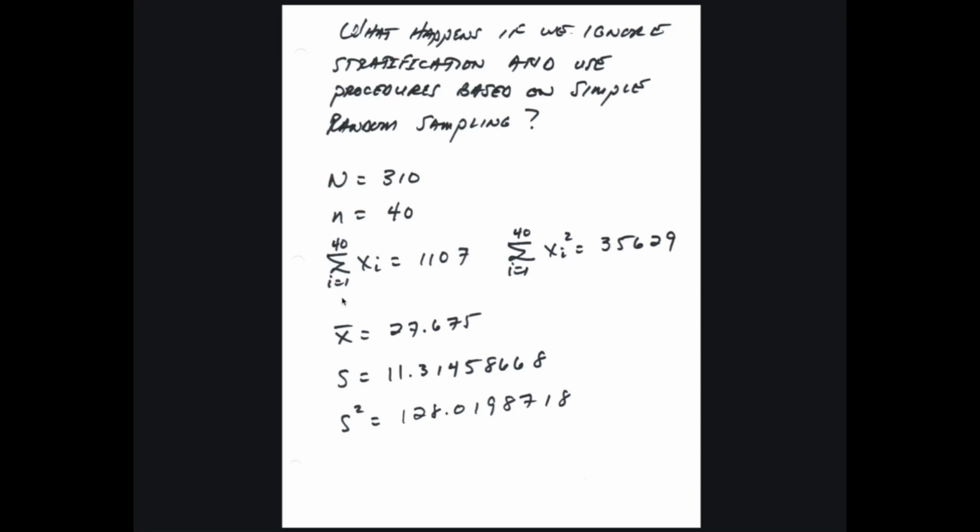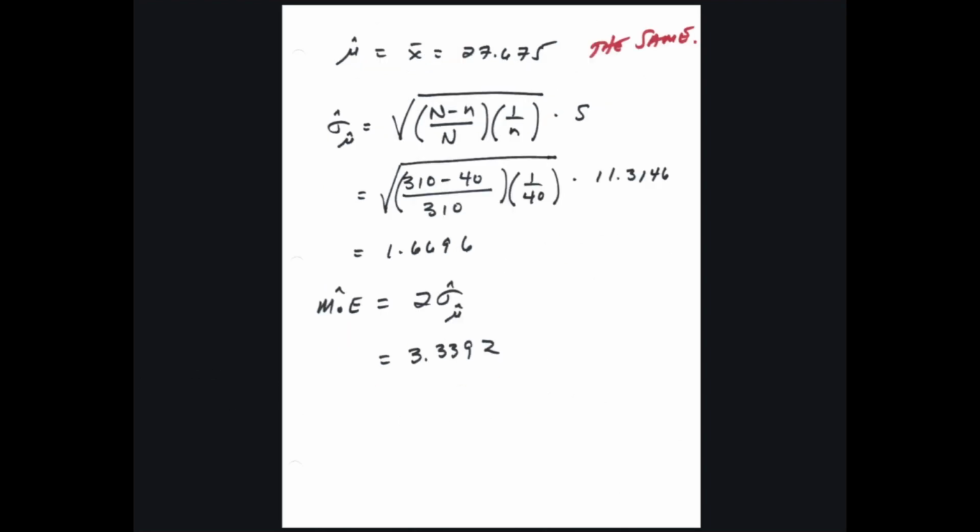We have the sample mean, the sample standard deviation, and the sample variance, and I'll let you calculate and verify these on your own. And so using those values, the estimate of the overall population mean, which would be given by the overall sample mean, is 27.675 hours. Now, that's the exact same value we got using stratified random sampling procedures.